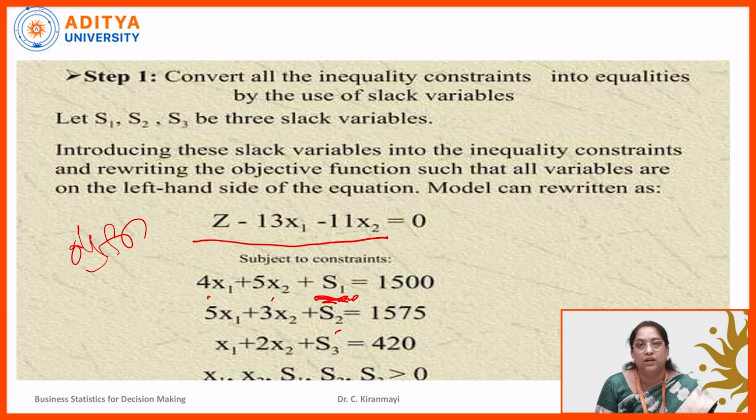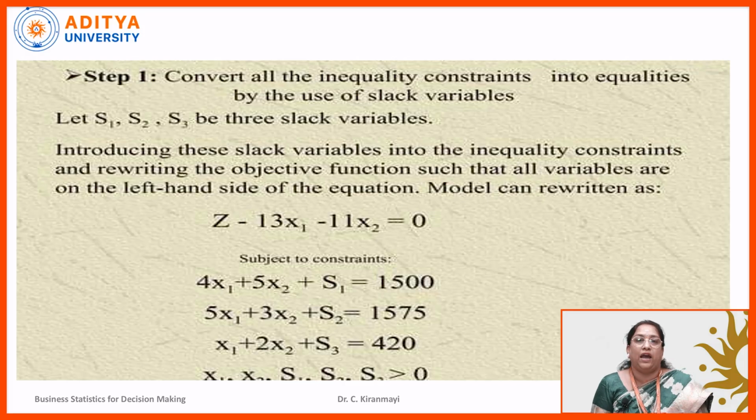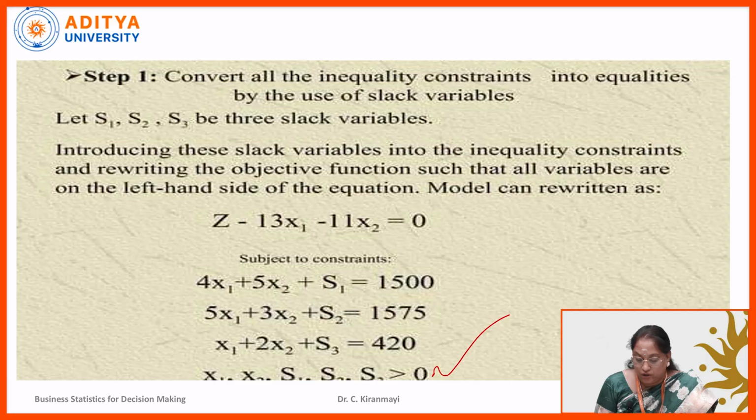The second inequality is also less than type, therefore another slack variable s2 is added to make it an equation. Likewise for the third inequality. This is how we first transform the linear programming problem into standard form, and all the slack variables which we have introduced should also be shown in the non-negative constraints.